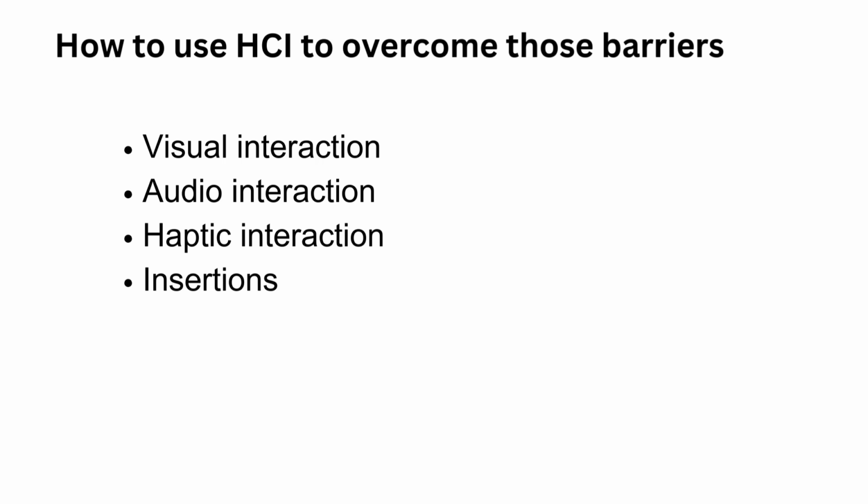For audio interactions, we can use microphones, speakers, voice commands, natural language translations, and also audio implants. And for haptic interactions, we can use joystick, mouse, trackball, keyboard, touchscreen, haptic gloves, and other wearables. Force feedback devices, braille displays, and use of inserted microchips.